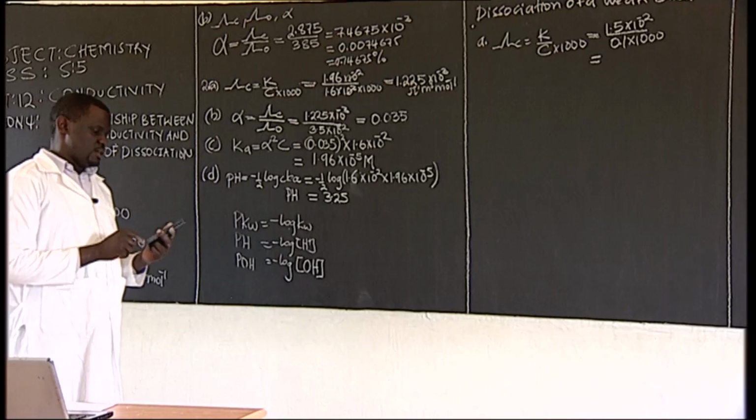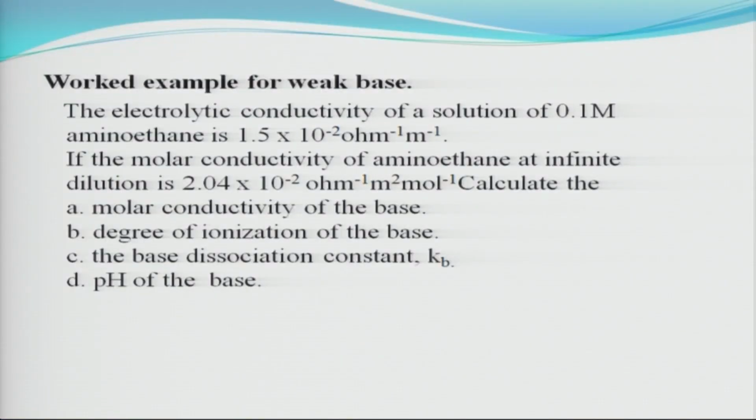So our answer will be 1.5 times 10 to the power negative 4, per ohm meter squared per mole. Then we go to B. You see these questions, when you fail the first one, the others become useless to do. So now we're going to talk about the degree of ionization of the base. It is the same, we don't change.